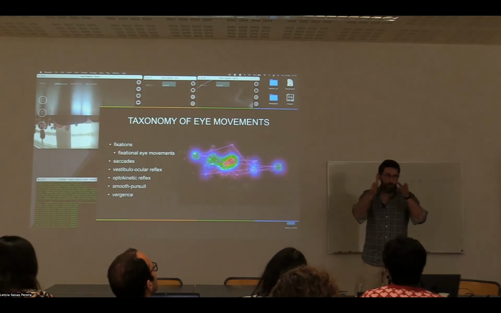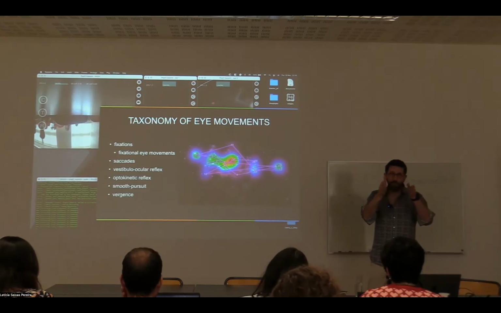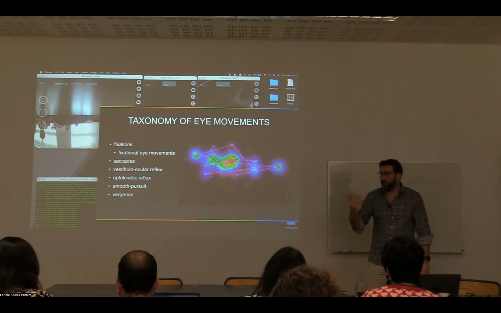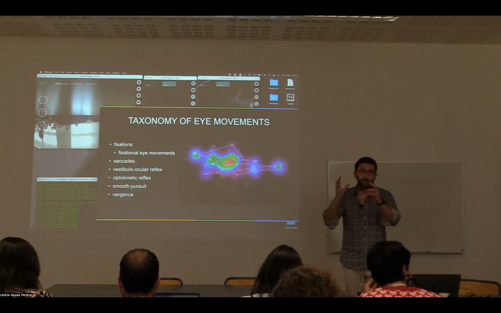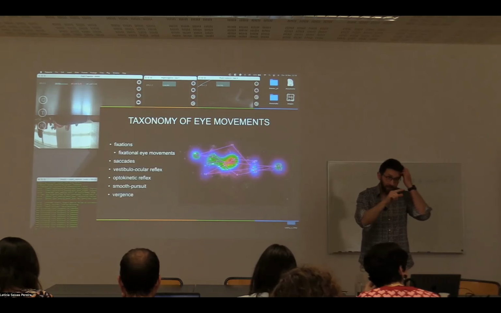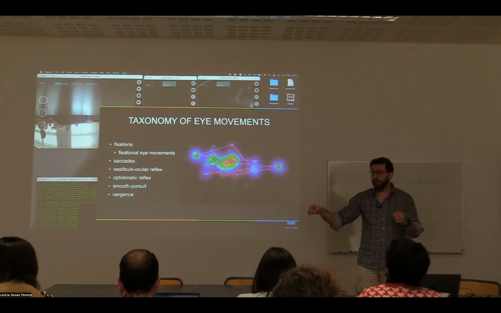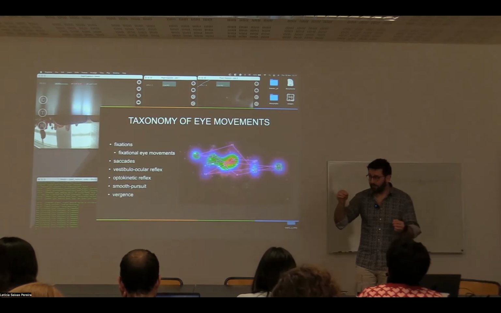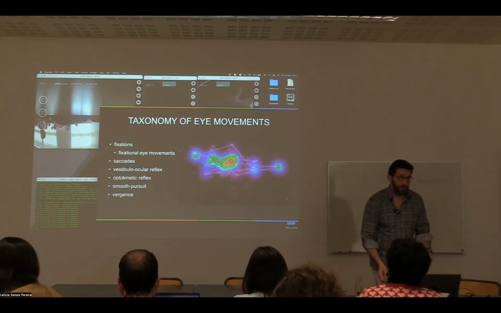So convergence or divergence movements, right? And that's something we learn. This is the mechanism of keeping the vergence and accommodation together. By the age of 6, we fully develop this link between vergence and accommodation. So eyes are trained to do this.